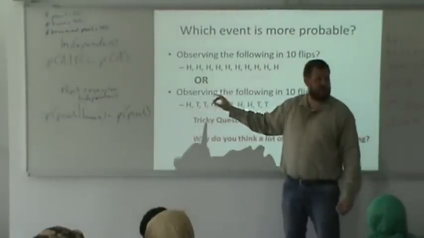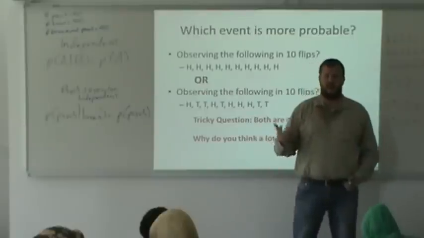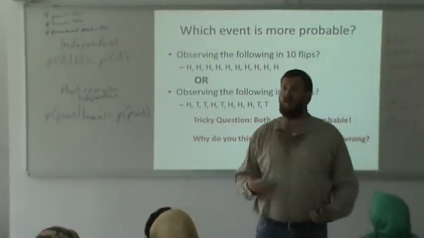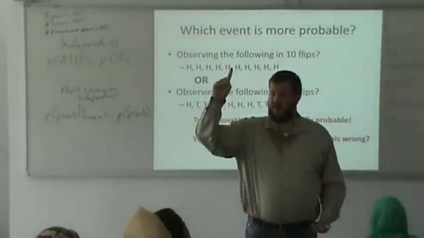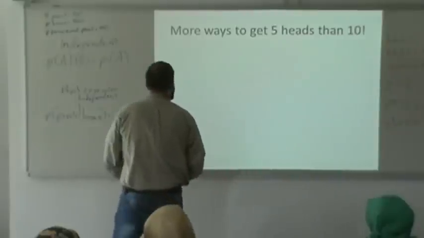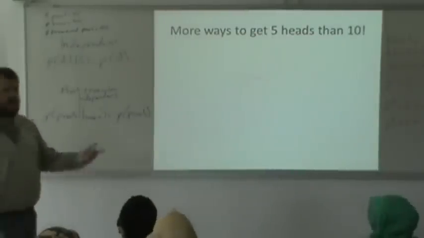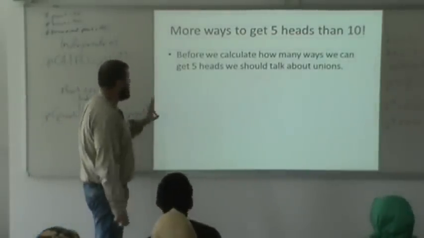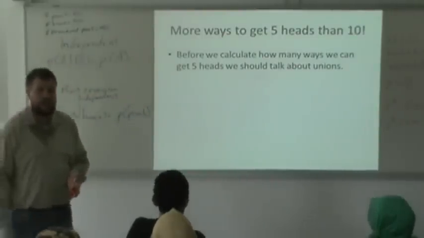You could get 5 heads in the middle. There are lots and lots of ways you can get 5 heads. How many ways are there you can get all of them heads? So you can get 5 heads in a lot of different ways, but you can only get all heads in one way. So before we calculate how many ways we can get 5 heads, we should talk about unions.